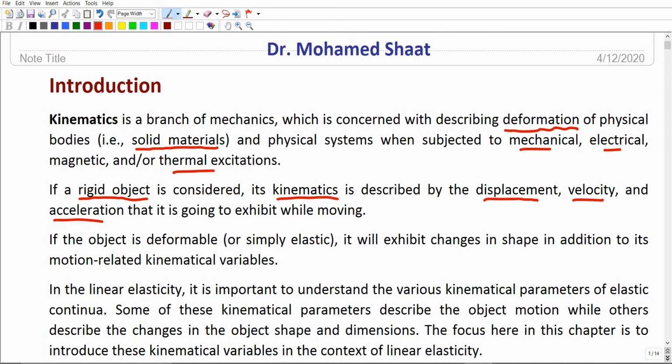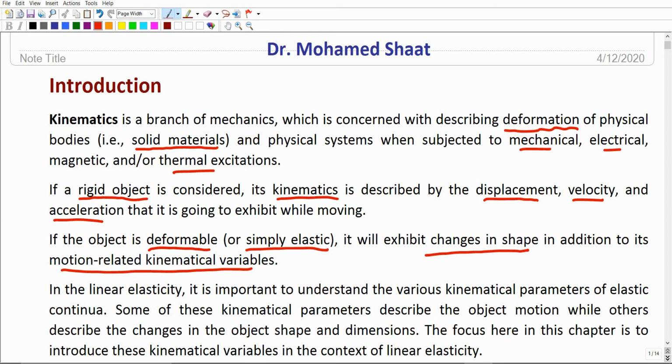The same thing is applicable in case we have a deformable object. A deformable object, or in other words, an elastic body, means that the object can change its shape or size. It will exhibit some changes in shape in addition to some motion-related kinematical variables. If you have an elastic object, it is not rigid in this case. This object would move, it would rotate, it would deform.